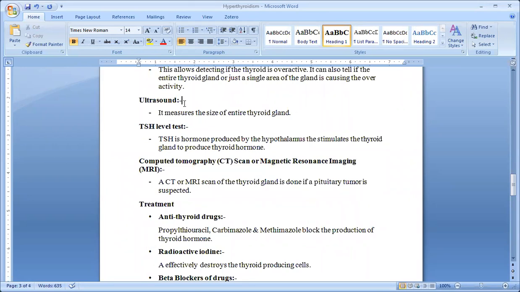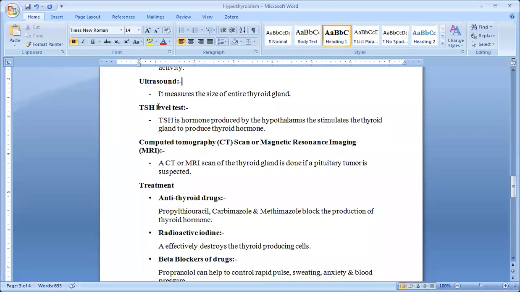So in this ultrasound, we can measure how much the entire thyroid gland has increased. By the naked eye, we are not seeing inside, but the bulged portion of the neck region we can see with the naked eye, isn't it? So with ultrasound, we can measure the size of the thyroid gland inside.